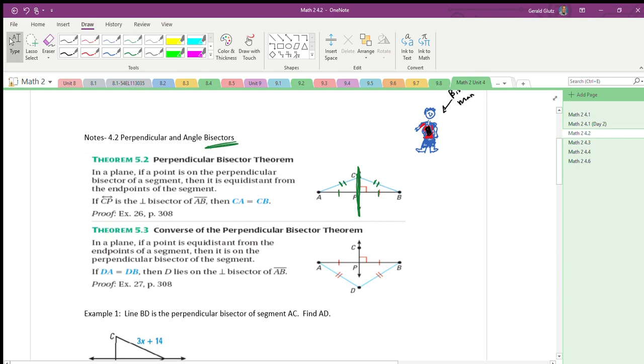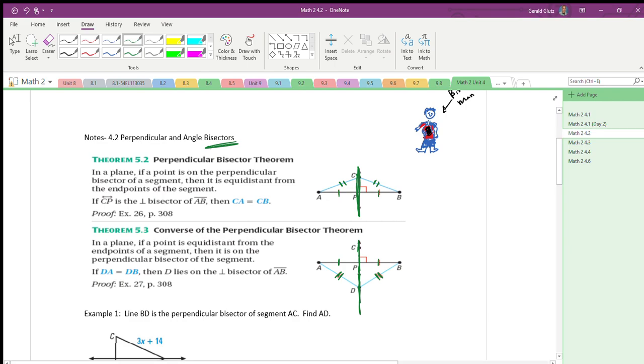The converse of that, or the opposite, means that if we already know that AD is congruent to DB, and we already know that AP is congruent to BP, then that tells us that CP has to be a perpendicular bisector, not angle bisector.